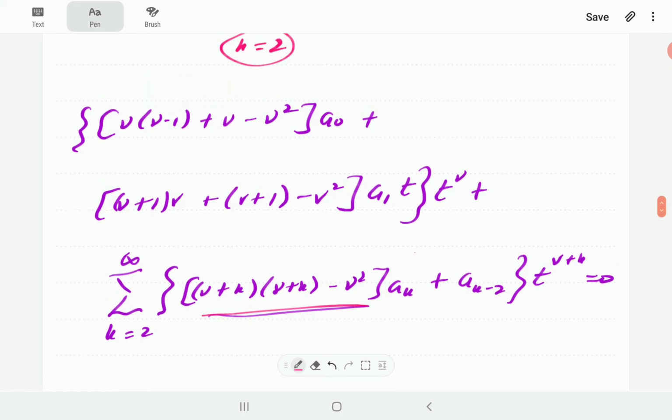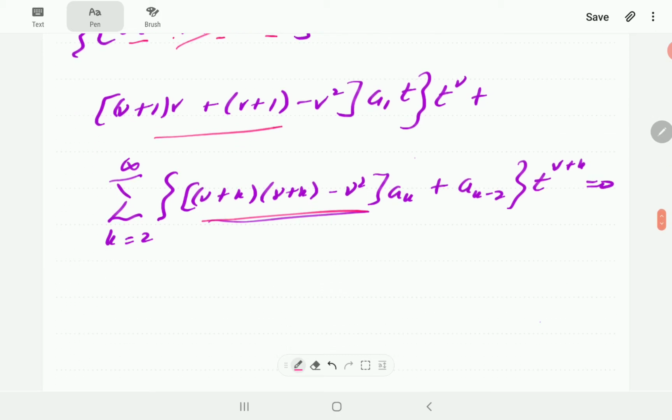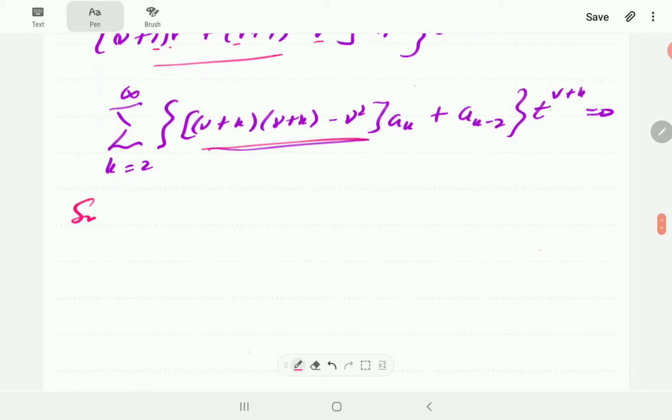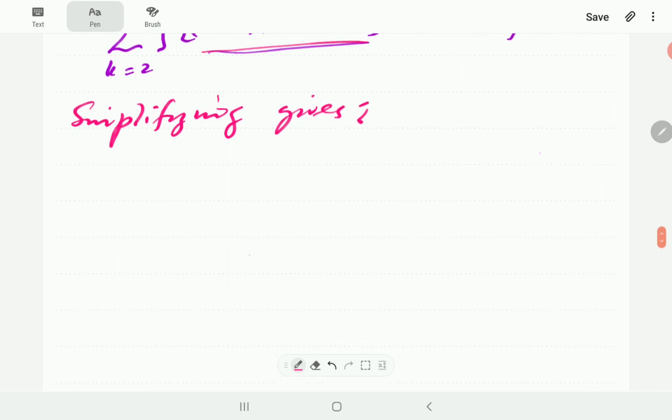And then this one, we've got nu squared minus nu squared here, got minus nu plus nu. So this first term is just going to vanish, and then this term here is going to simplify to nu plus 1. Again, the nu squared terms cancel out, then you got nu plus nu here, and then plus 1. So simplifying is going to give the following situation.